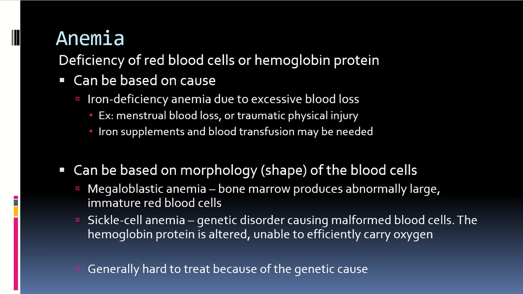If, for example, you get cut in a really bad way and you're losing a lot of blood, that could cause iron deficiency anemia because you just don't have the appropriate levels of iron to bind to a healthy amount of oxygen or to help get rid of a healthy amount of carbon dioxide.